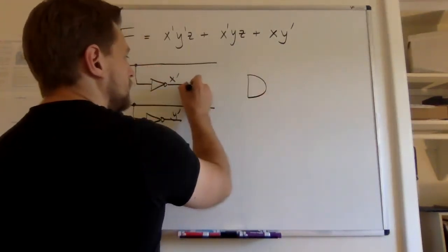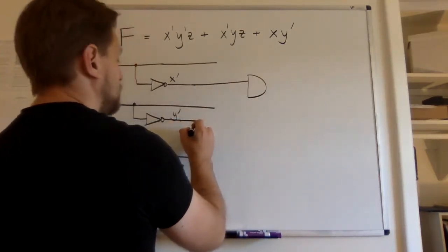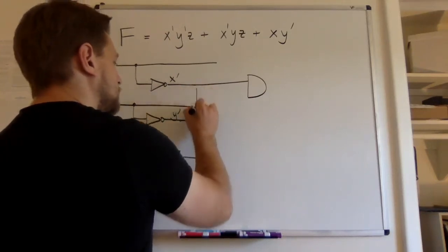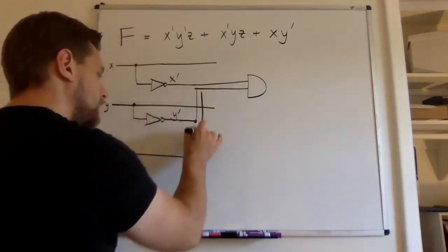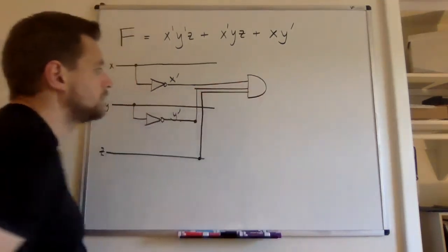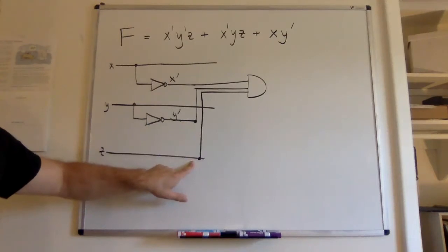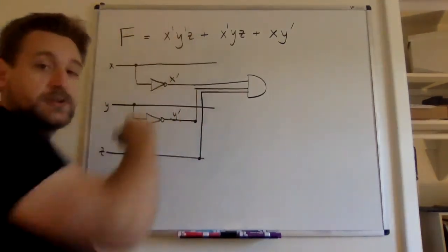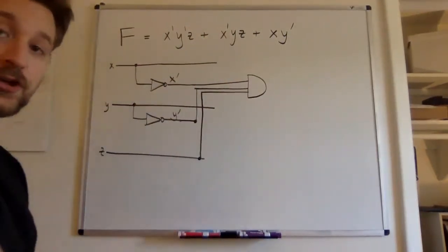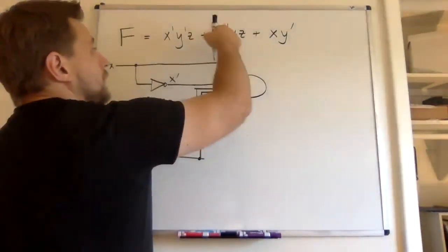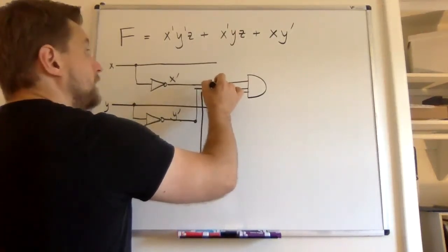AND of not x, not y, z. So we tap the not x line, we tap the not y line, and we tap the z line. That's our first term here in what looks like an algebraic expression. Well, a boolean algebra. It's the first boolean term. Not x. All right, so I gotta tap that before we get to that.